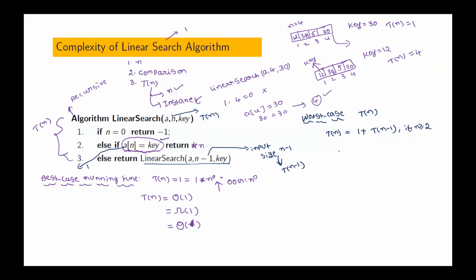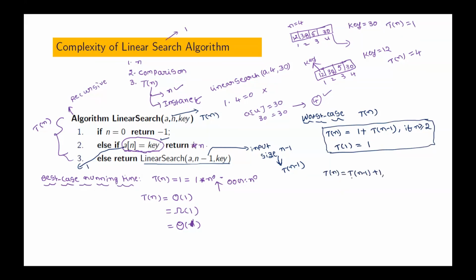If there is only one element, how many times is the A of n equal to key operation performed? Only one time. So now this is our recurrence. Please, all of you solve this recurrence. Our recurrence is T of n is T of n-1 plus 1.